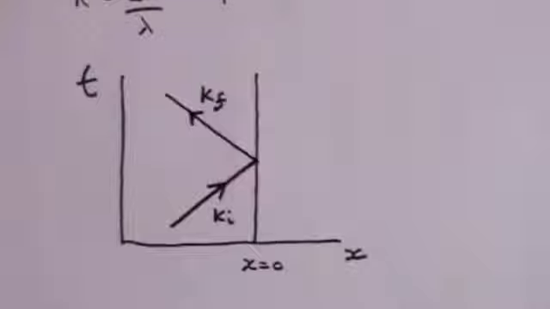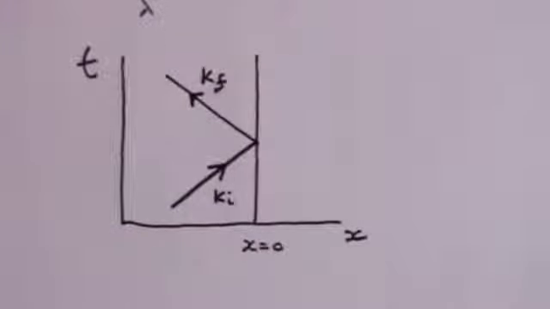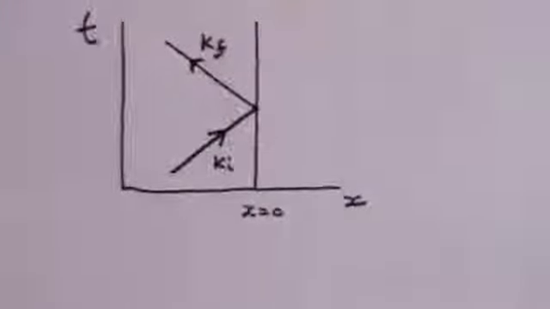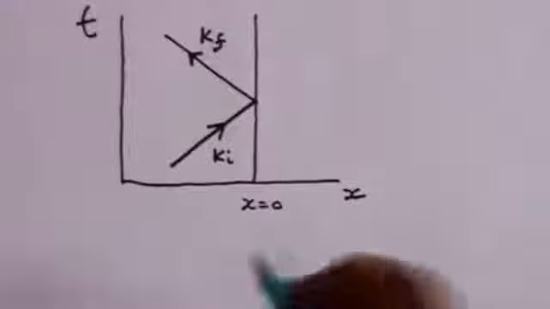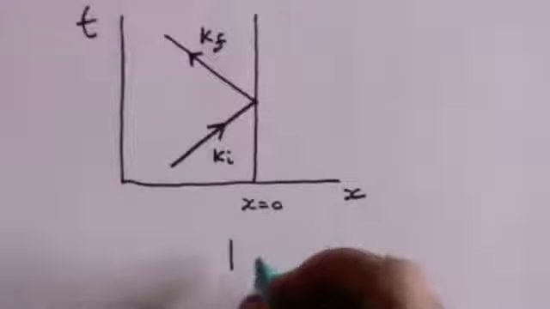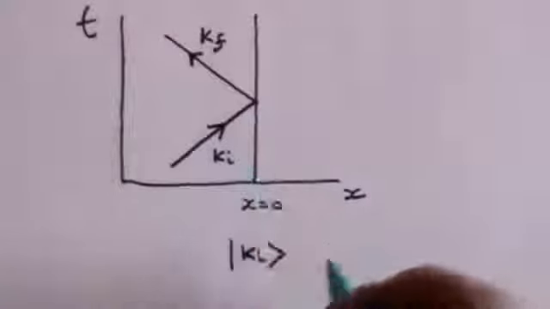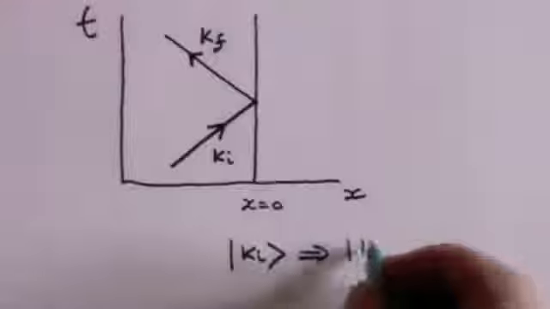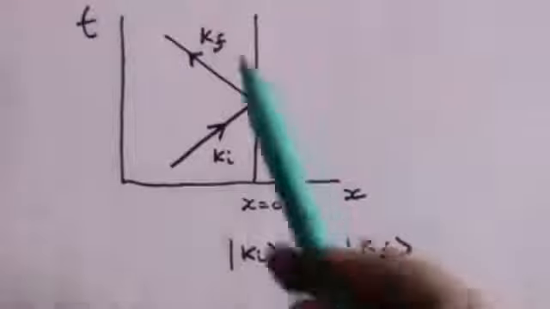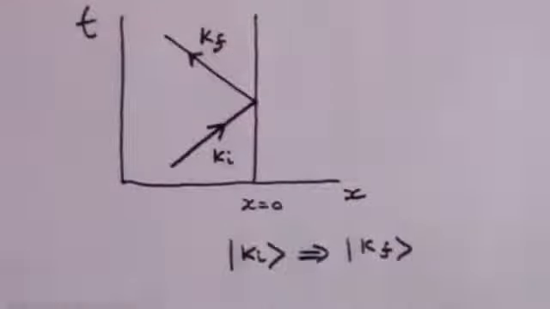So what do we do with this diagram as far as quantum mechanics is concerned? Well, it's fairly straightforward actually. What you have is you start with a particle in state ki, that's this particle here, and you produce a particle in state kf, that's this particle here. And how did you do that?